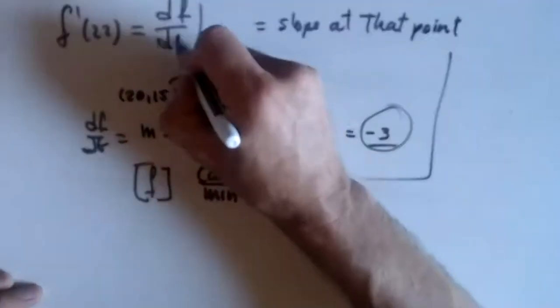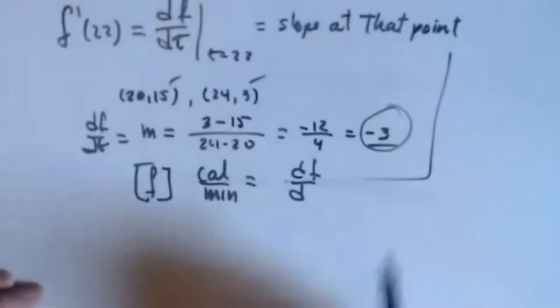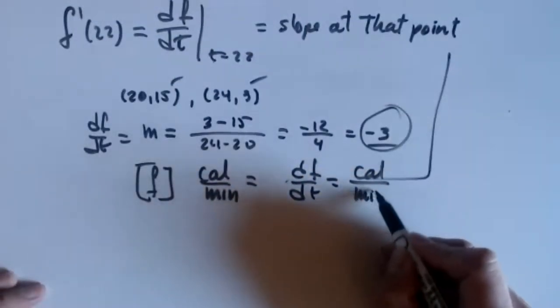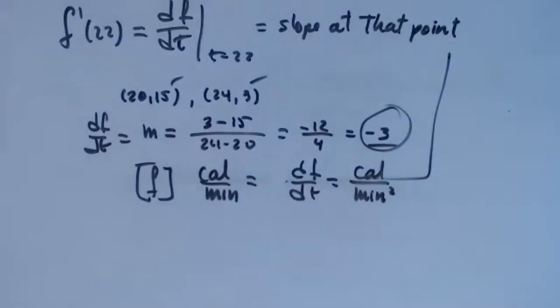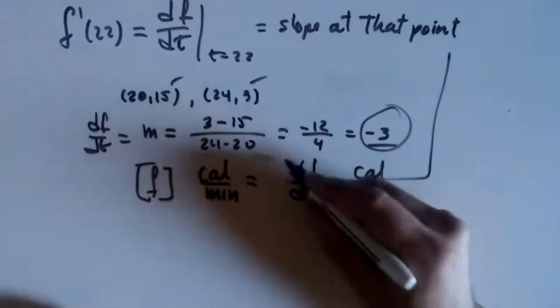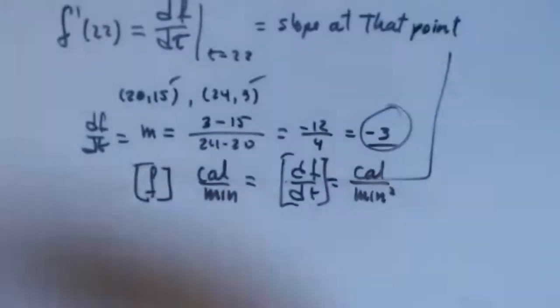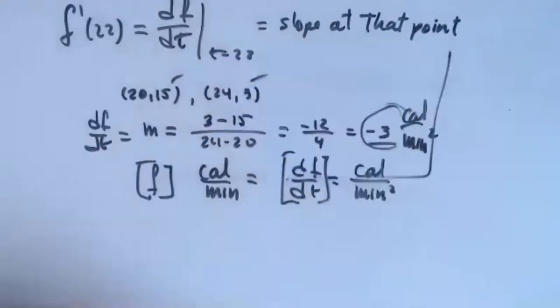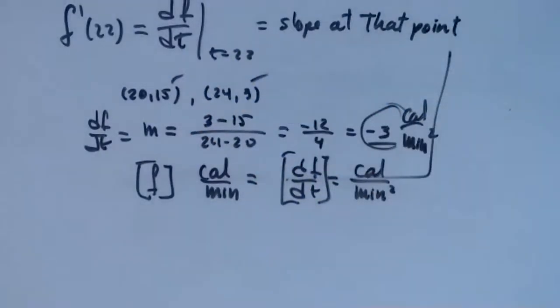And here df/dt equals calories per minute squared. That's correct. So the units of the derivative here are calories per minute squared. Very good, engineers. Units are important. So the first question is easy.